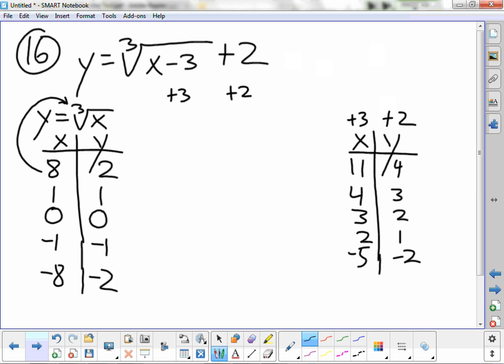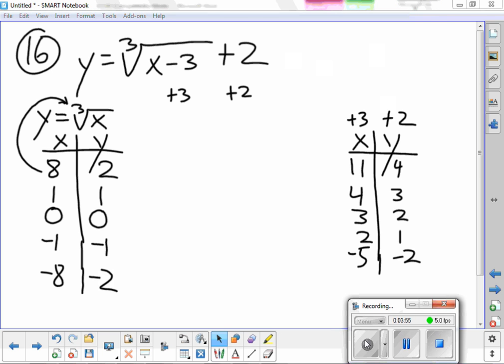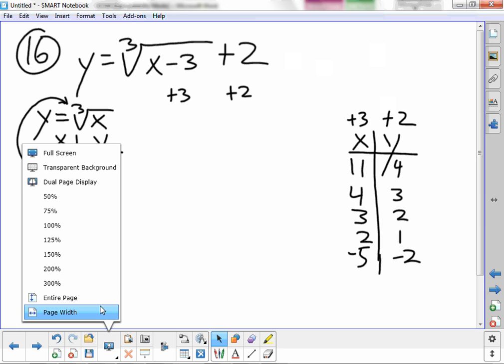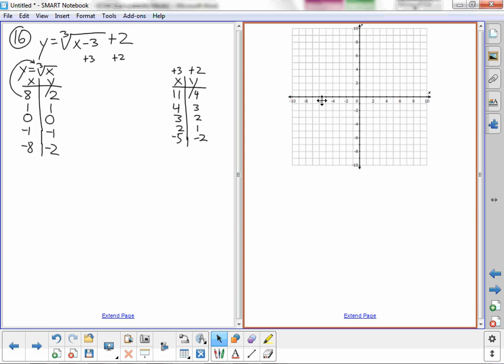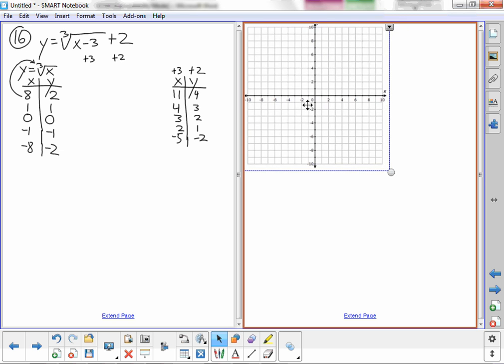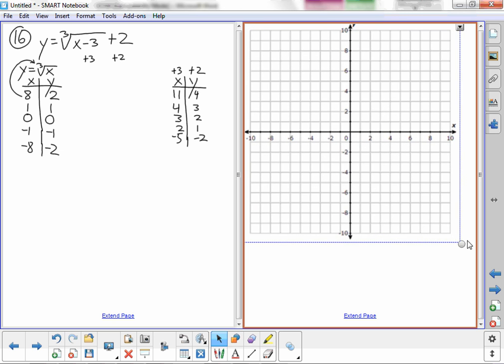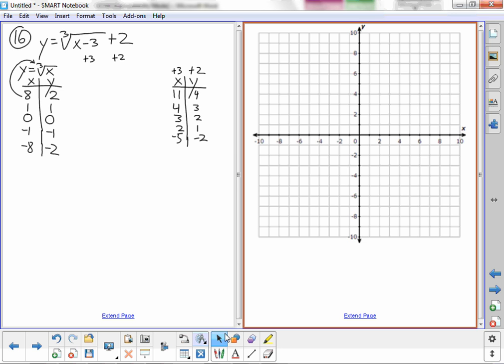All right, so let me pull up a graph real quick. Hold on. Okay, so now we're going to be graphing this. Make this kind of bigger. All right, so I'm going to start from the bottom.